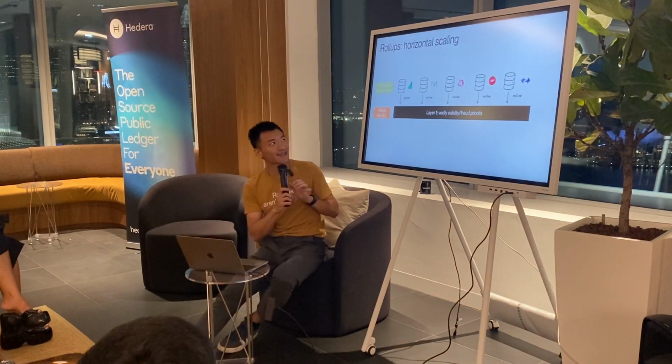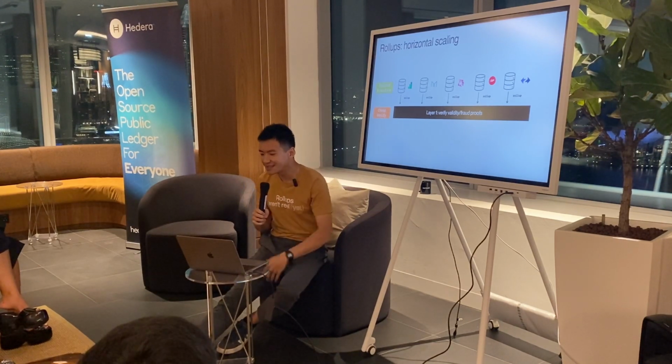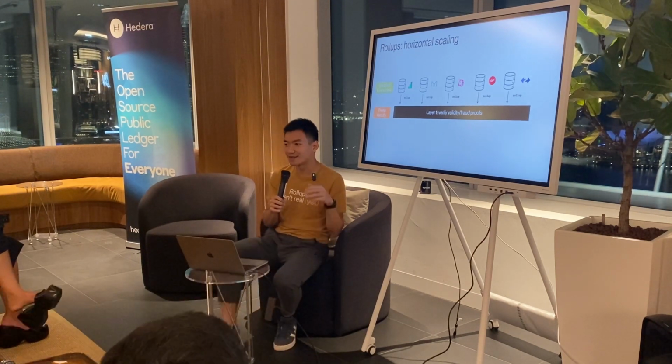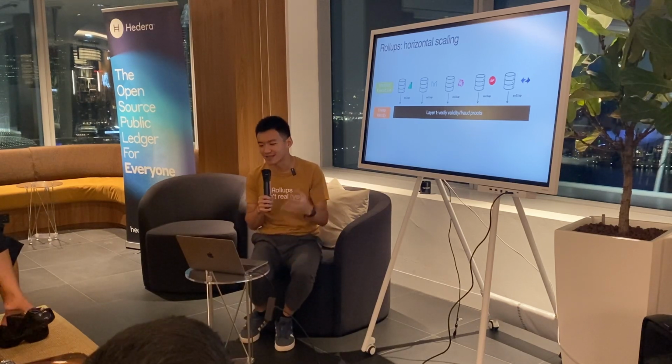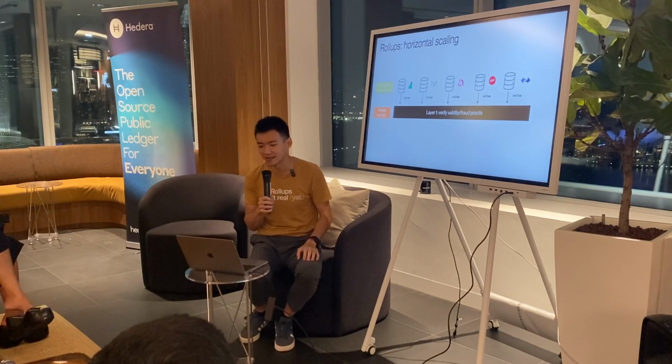If we look at rollups today, the idea is that we want to horizontally scale Ethereum. Instead of doing a lot of heavy computation on layer one and processing a bunch of transactions, we offload them to different layers.